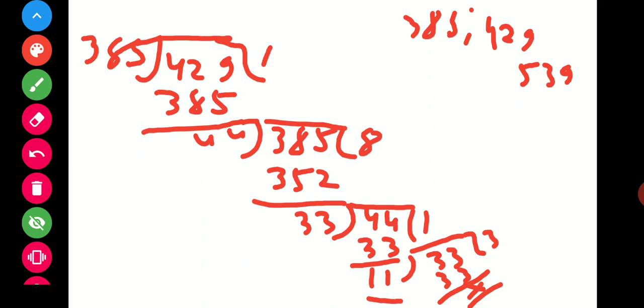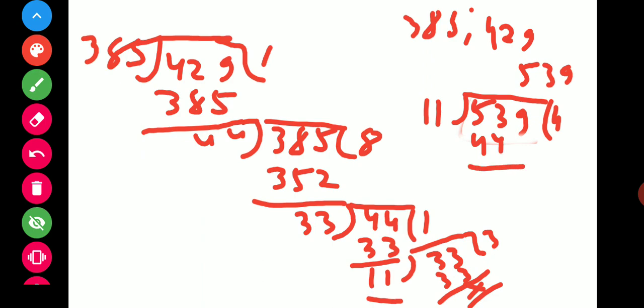Now check the number 539. 539 is also divisible by 11, so what will happen? 4 times 11 is 44, so we get 99 here, and 9 times 11 is 99, so it cancels out.